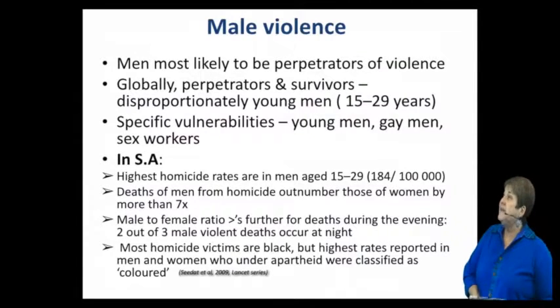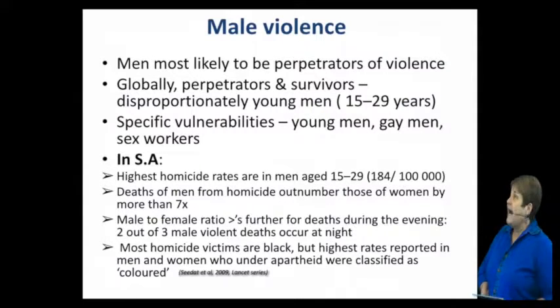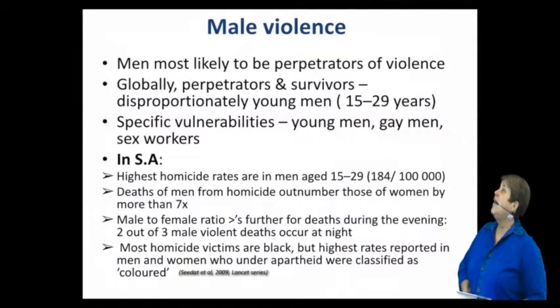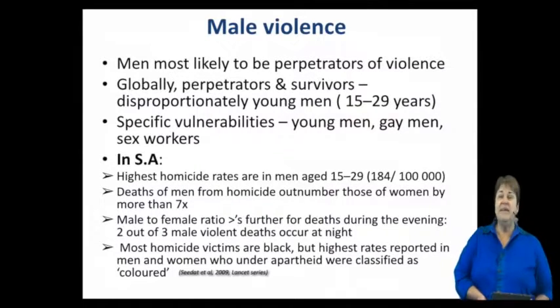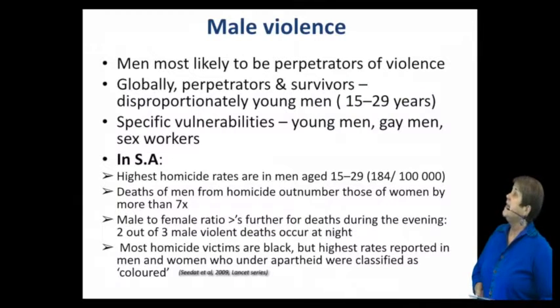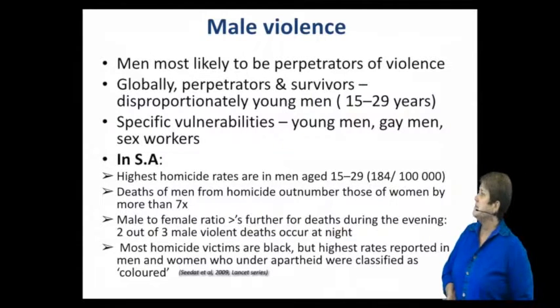If we look at specific vulnerabilities like we did for women, young men are at particular risk of engaging in violence and being the victims of violence. Gay men and also male sex workers.